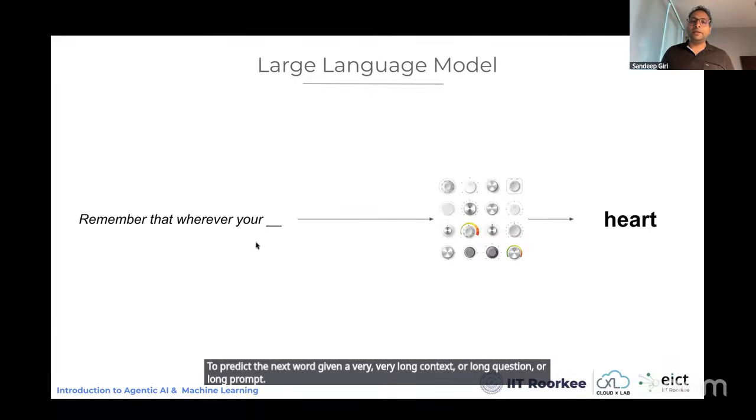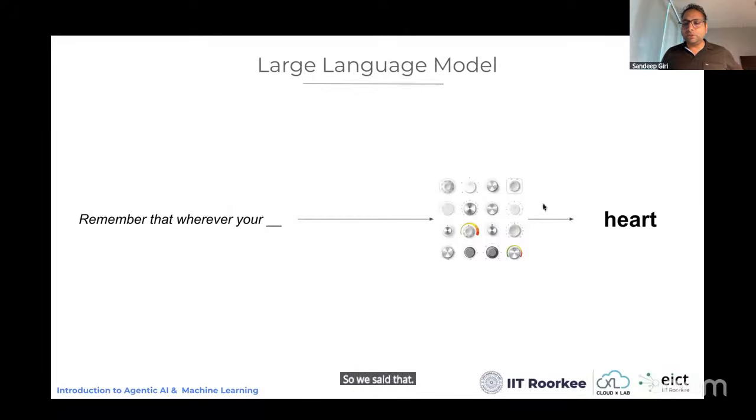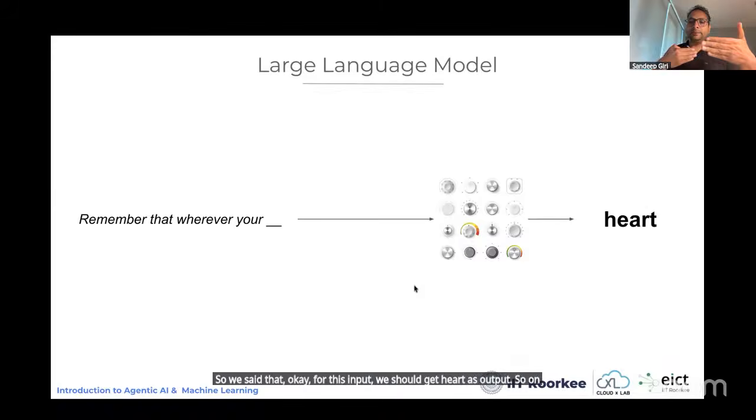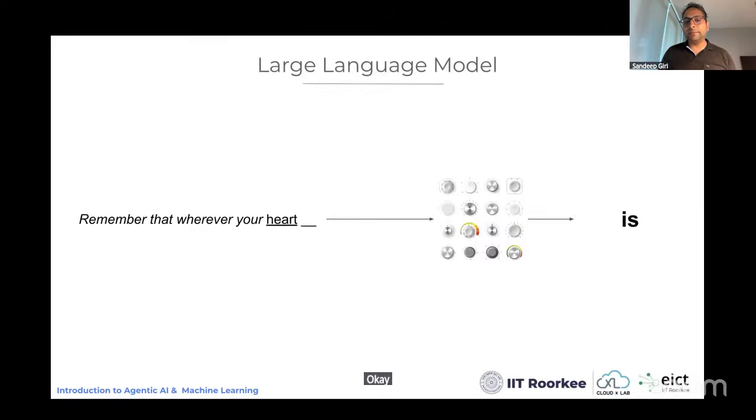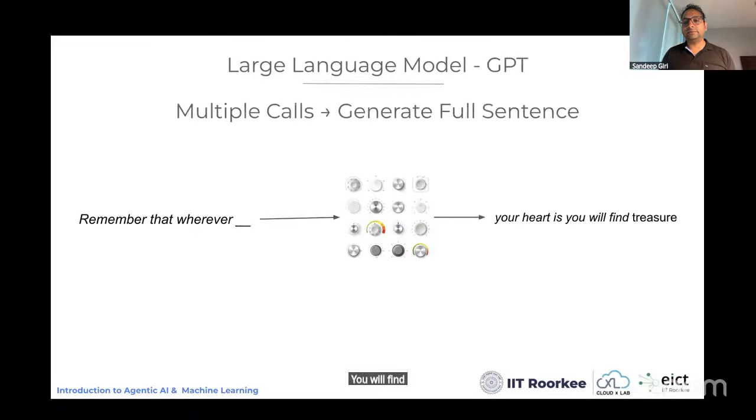For example, we had data from the internet containing, "Remember that wherever your heart is." We said that for this input, we should get "heart" as output. On these input and output pairs, we trained the model such that it predicts the word. So: remember that wherever your heart is, you will find treasure, right?